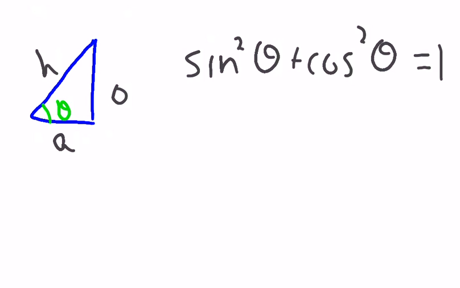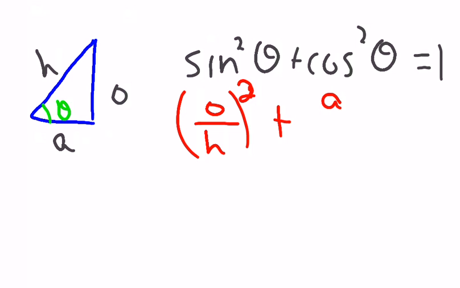So if that's theta, then sine is opposite over hypotenuse. So this would be O divided by H squared. And cosine is adjacent over hypotenuse. So that would be A over H squared equals 1.